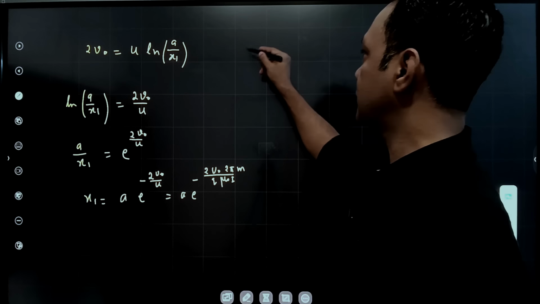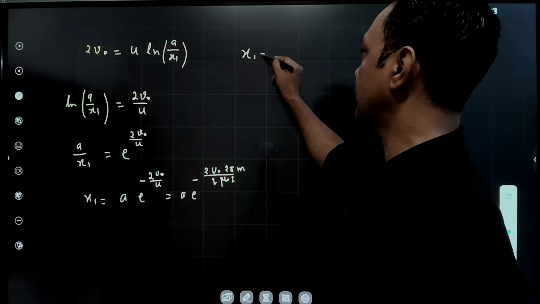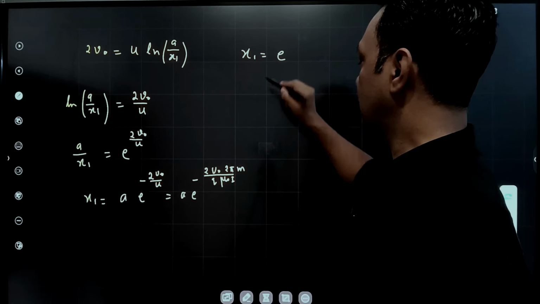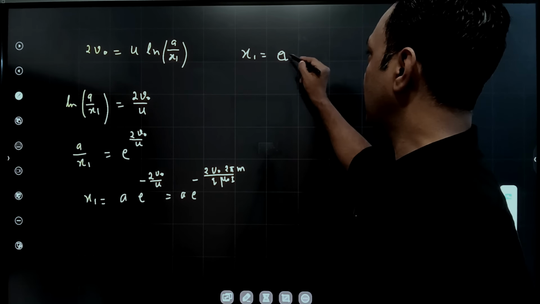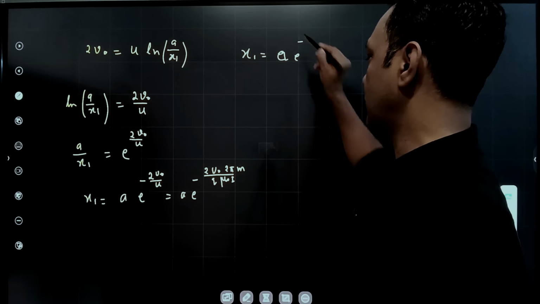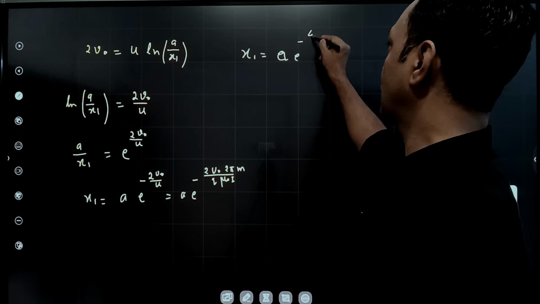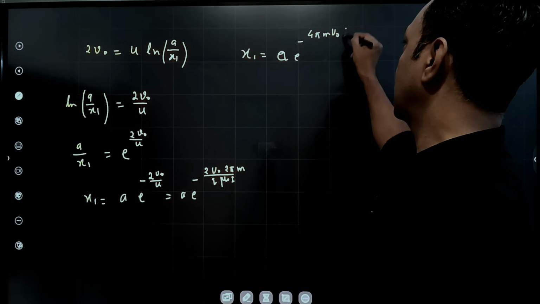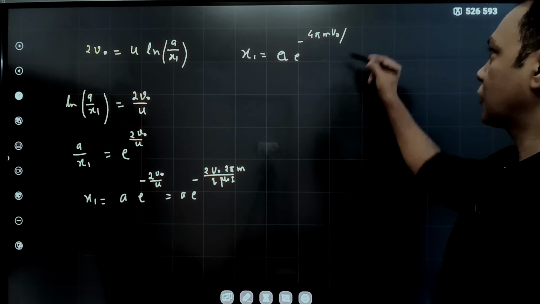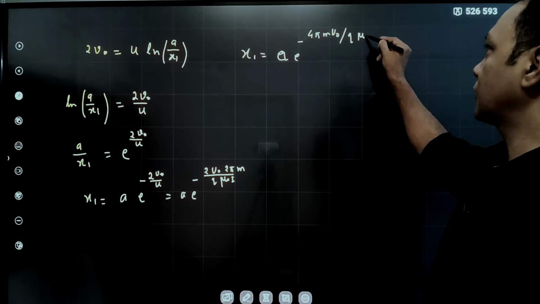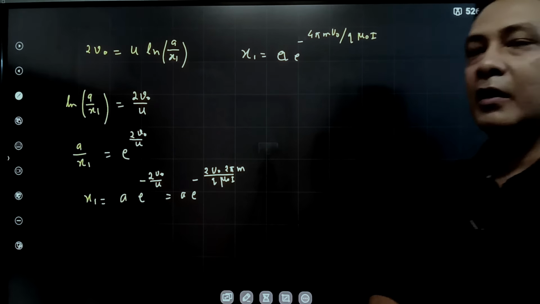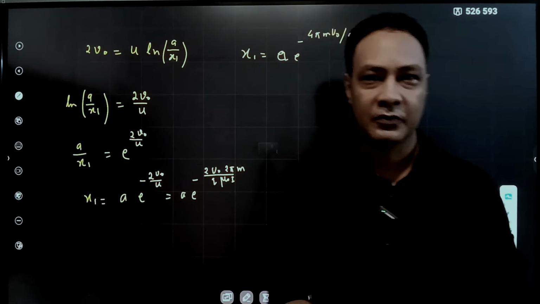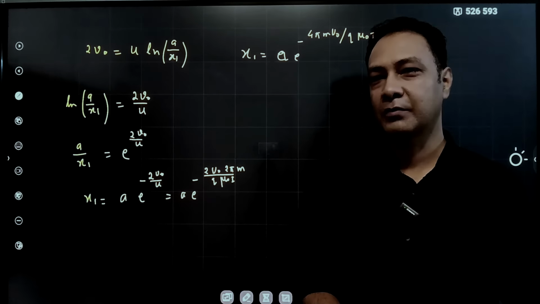So finally on simplification we will get x1 is equal to A into e power minus 4 pi m V0 divided by q mu naught I, and that is our answer for this challenging question. Thank you.